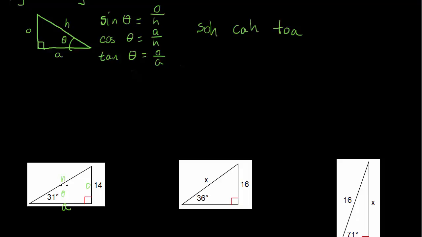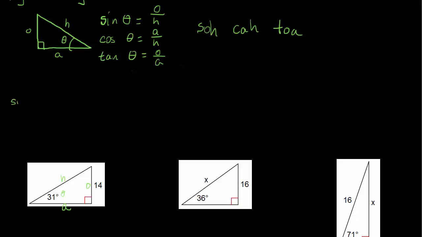I want to find the hypotenuse and the adjacent side. I want to know these side lengths, so I have to use the angle and one other side. You have to have two numbers in order to do this. So let's find the hypotenuse first. Therefore, I would be using the opposite and the hypotenuse, and looking at my trig functions, I see that sine is what I'm going to use. So I'll just set this up and fill in my numbers.